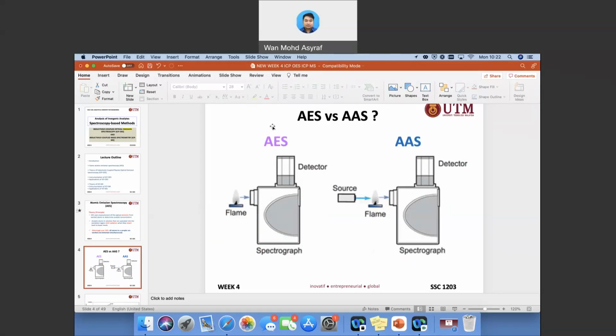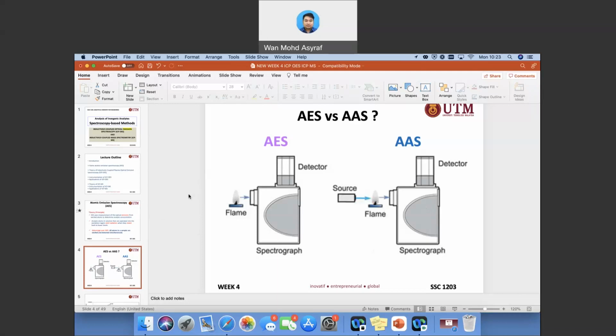But for AES, atomic emission, the flame itself would act as the source of excitation. So it will excite your analytes inside your flame here. Then your analyte itself would act as the source of radiation, because the emission would come from the analyte itself, not from the source. So that's why in AES, we don't have any source here as compared to AAS.